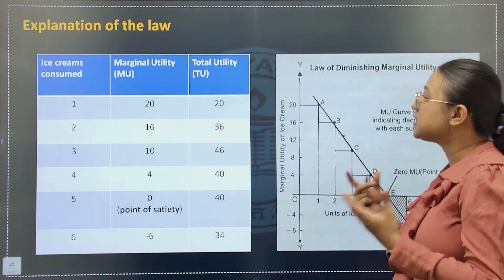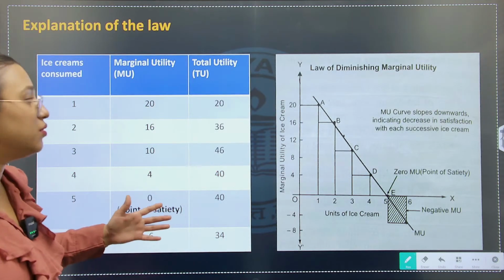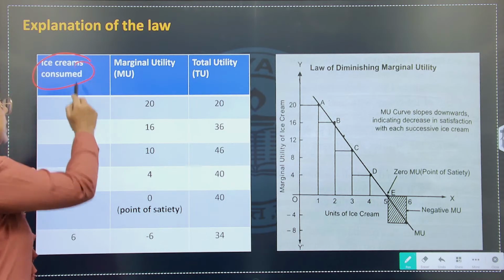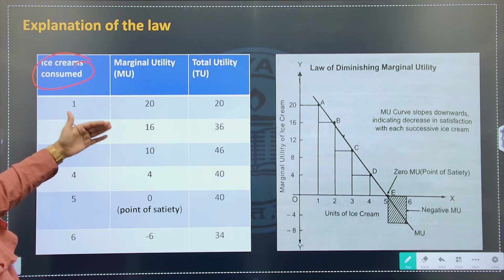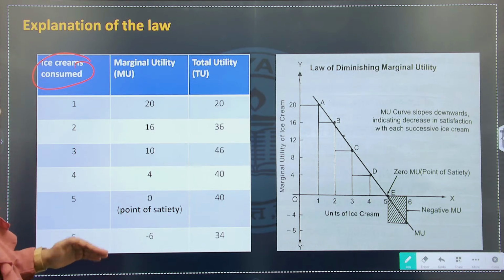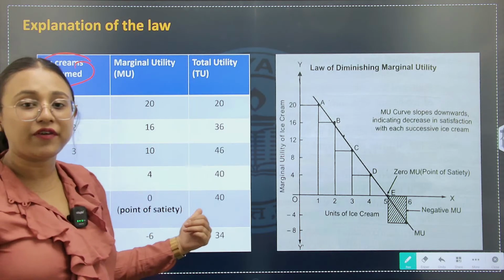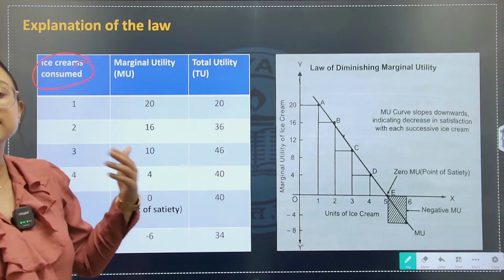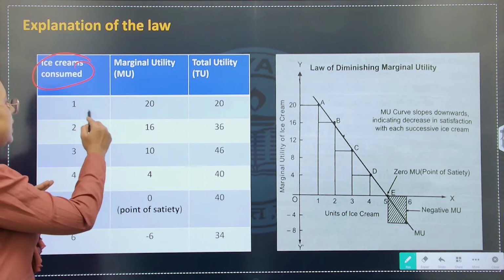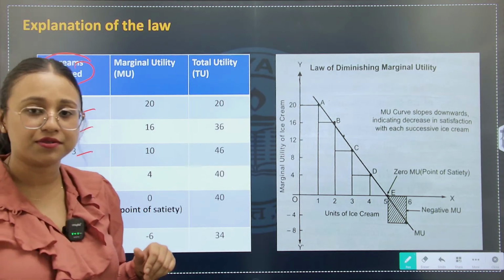Let us explain this with the help of a diagram and also a schedule. So here jodi ice cream consumption or example dia ase. Each time তোমাৰ 1 extra unit of ice cream consume কৰি আছে. According to the assumption, price fixed হ'ব লাগিব, income fixed হ'ব লাগিব, same quality of ice cream আমি খাই থাকিব লাগিব, and this consumption procedure should be continuous, right? So ইয়াতে চোৱা, আমি each বাৰত এটা extra unit of ice cream consume কৰি আছোঁ, ঠিক আছে.